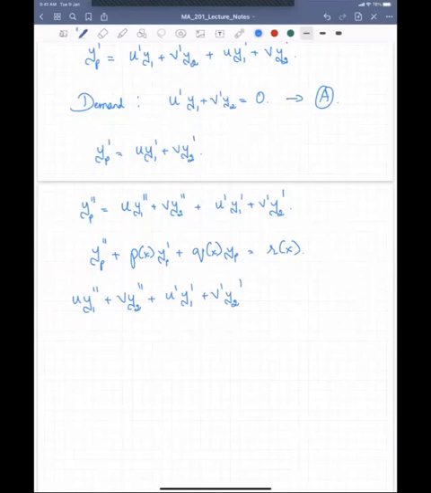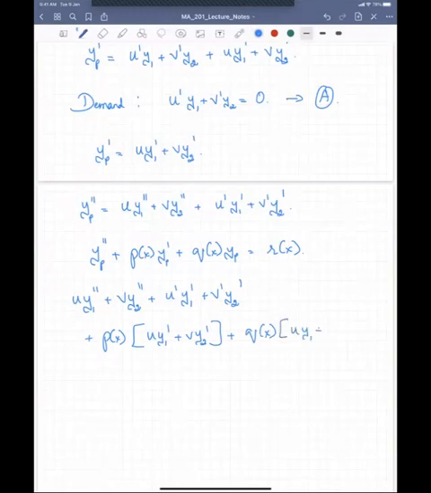Okay, so that is yp double prime plus p of x times yp prime, which is this guy, u y1 prime plus v y2 prime, plus q of x times yp, which of course is just u y1 plus v y2. And I want all this to be equal to the inhomogeneous term r of x.